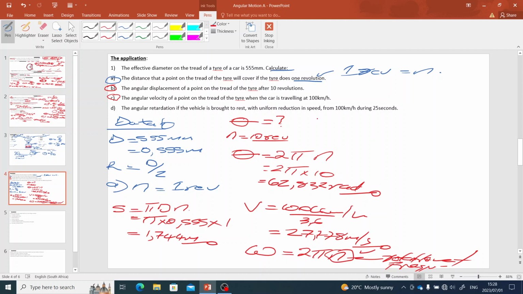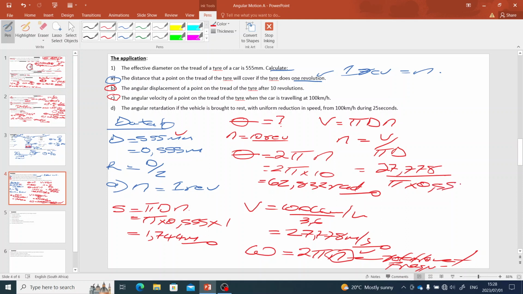By using what formula? This formula: V equals pi d n. Make n the subject of the formula. It is V over pi d. Do we have d? Yes, there's d. Now it will be 27.778 divided by pi multiplied by d, 0.555.